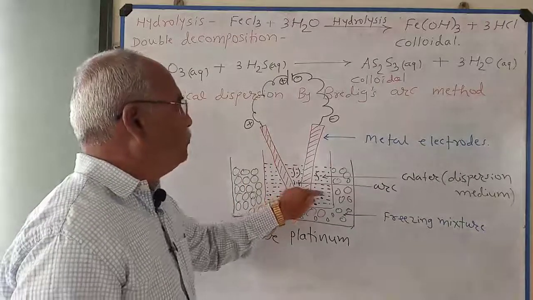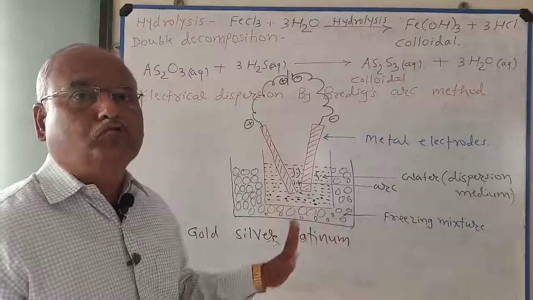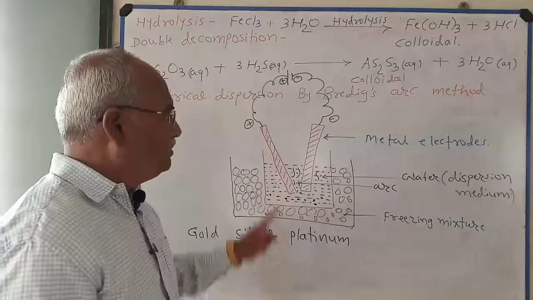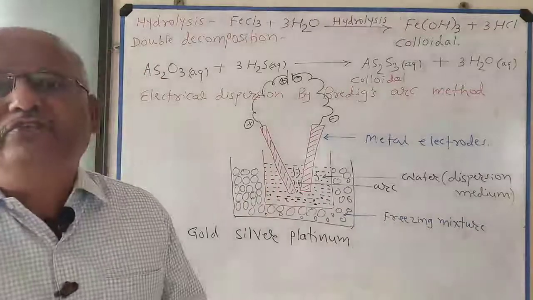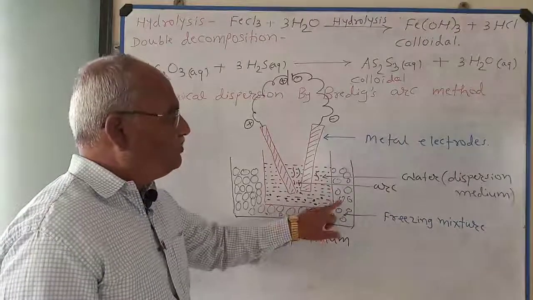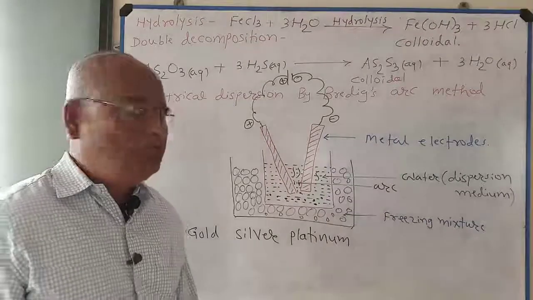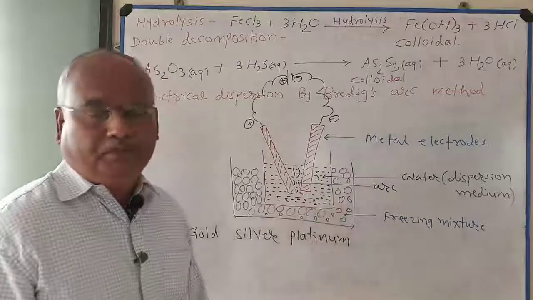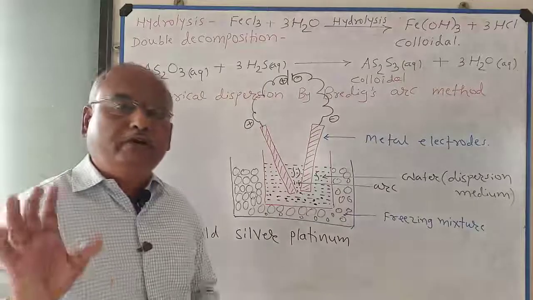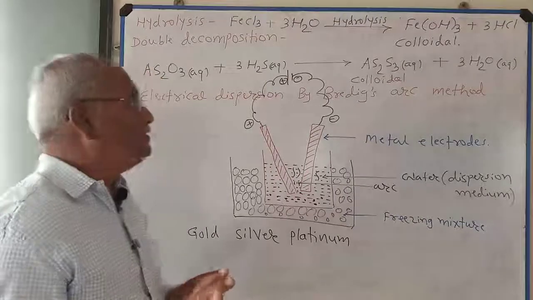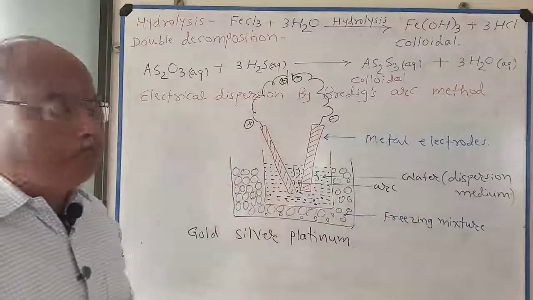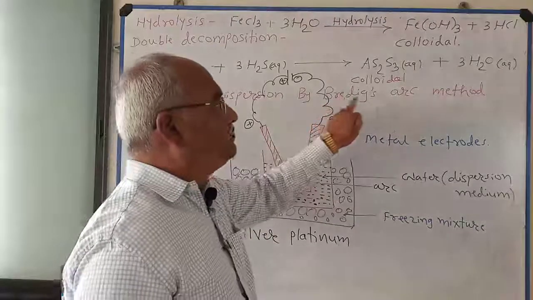So here we get the colloidal solution of gold. In this process, vaporization and condensation take place. Condensation takes place due to the surrounding freezing mixture. So in this way, colloidal solution of silver, gold or platinum is prepared by electrical dispersion known as Bredig's arc method.